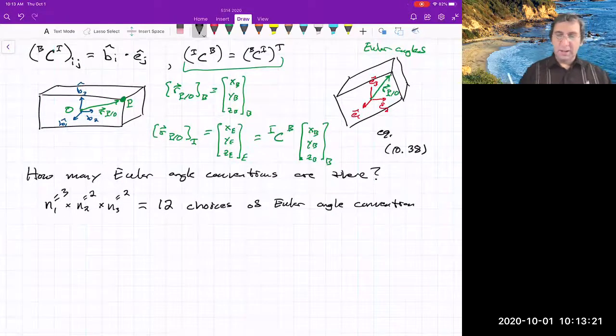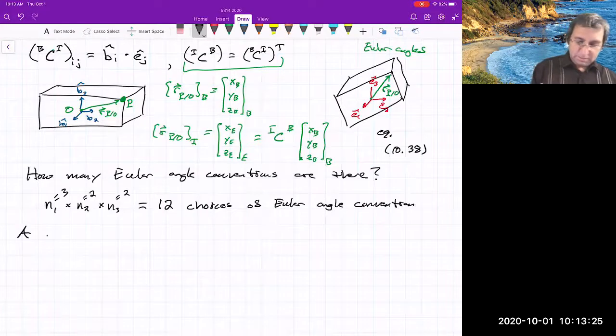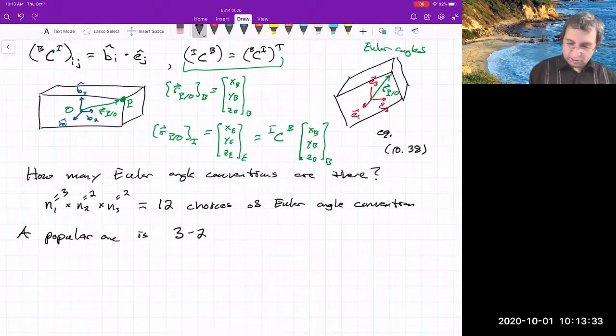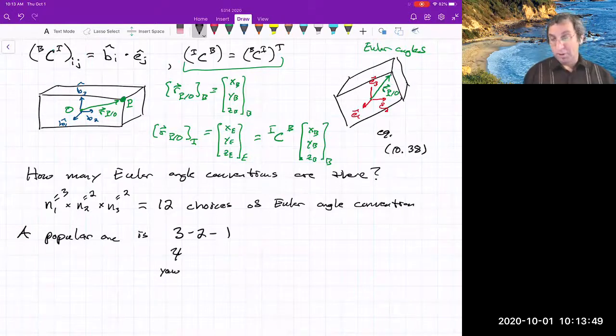The one that we just did up above is called the 3-2-3. A popular choice is the one that's used in aerospace. And it's actually 3, 2, 1. And the angles, I don't know if there's any standardization in what we call those angles, but let's say the first rotation was through an angle psi. We actually give that one a name, yaw.